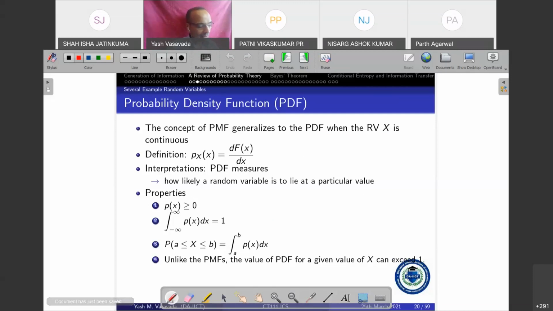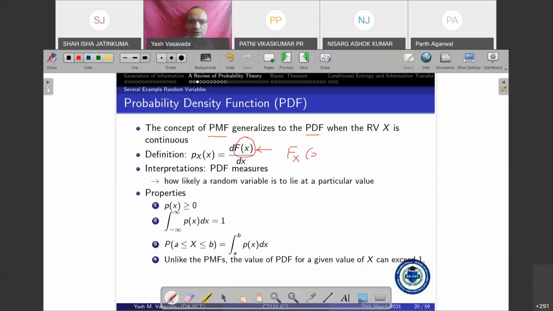And so when we are talking about the continuous random variable, this notion of PMF generalizes to PDF. This is called the probability density function. And then there is a corresponding notion of cumulative distribution function, which is denoted as F of x. Remember how we defined the cumulative mass function?